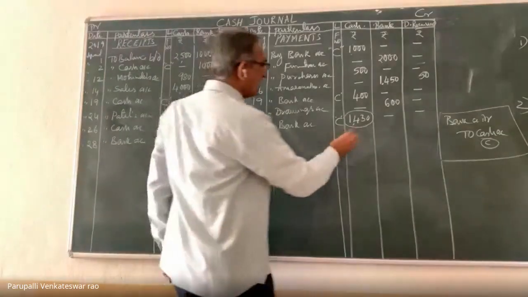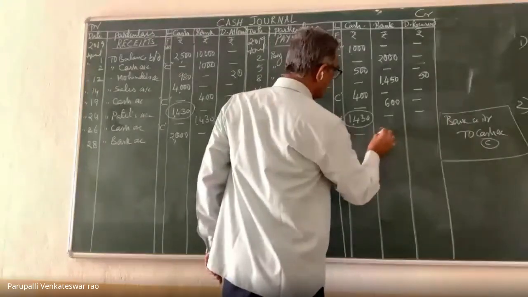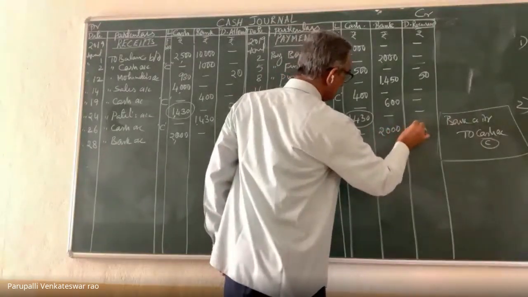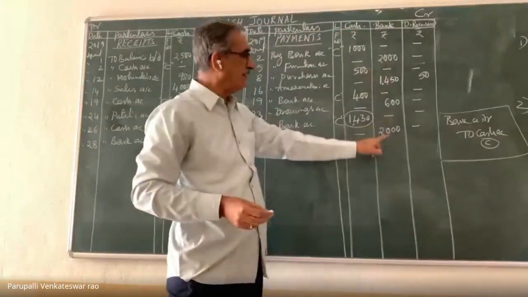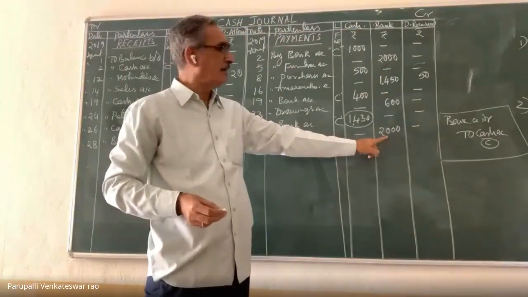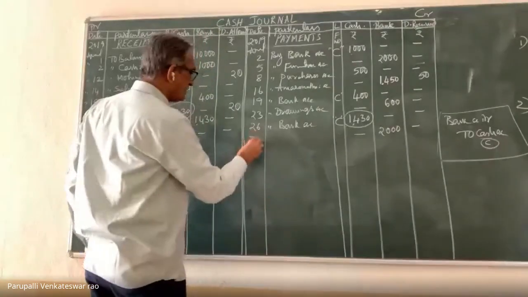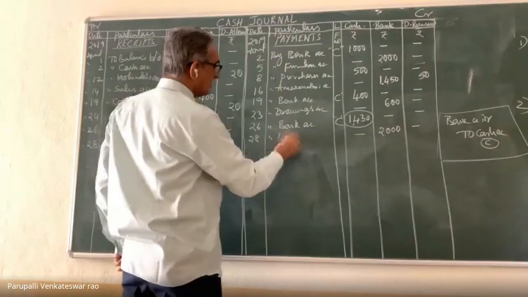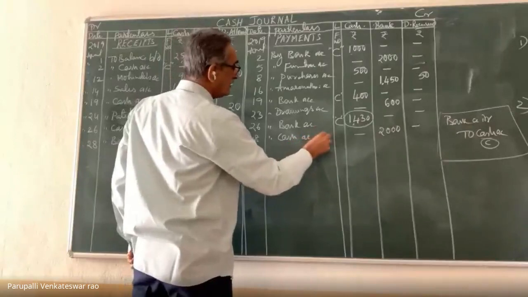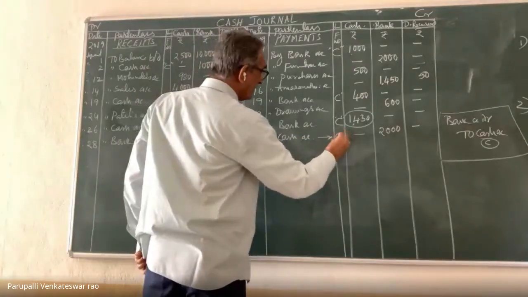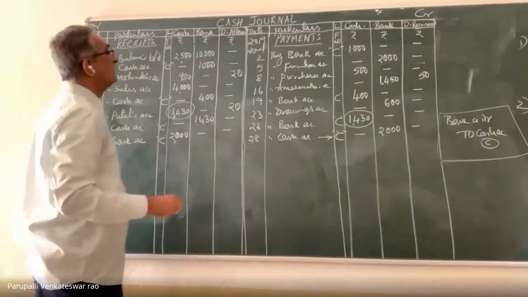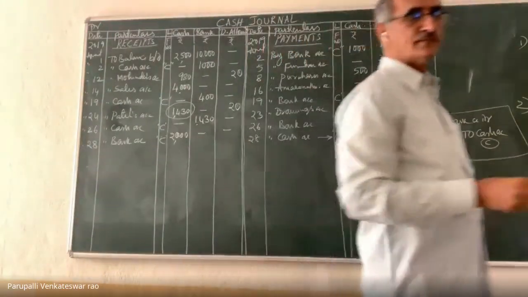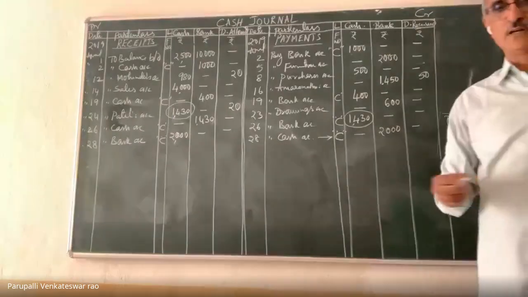So in the bank column, 2000 credited on 28th by cash account. It is a contra. Write the letter C in the ledger folio column. It is over.